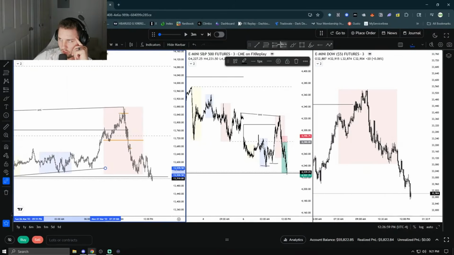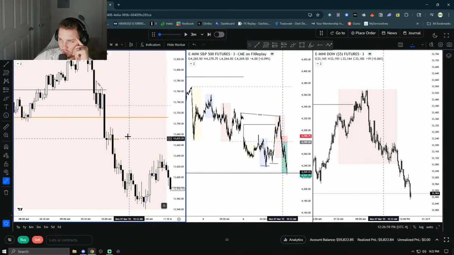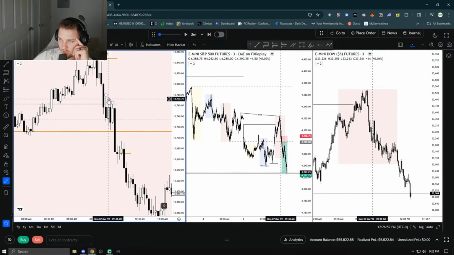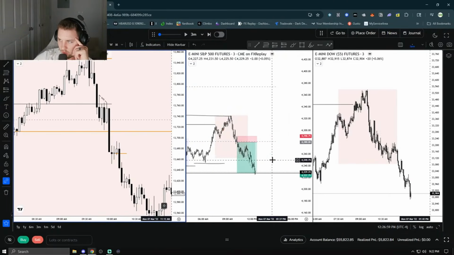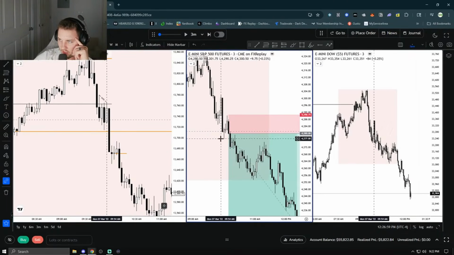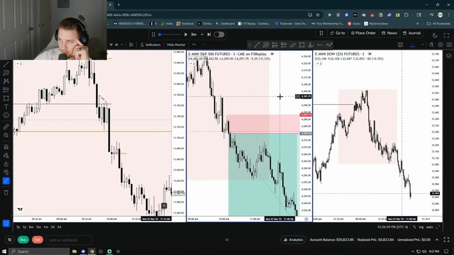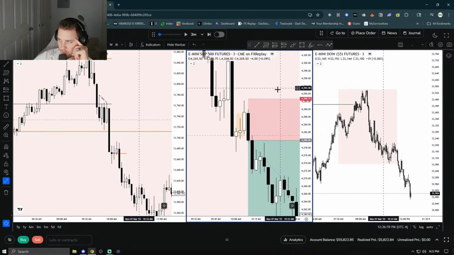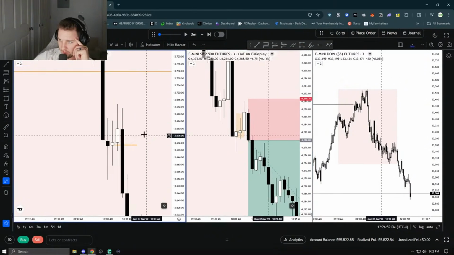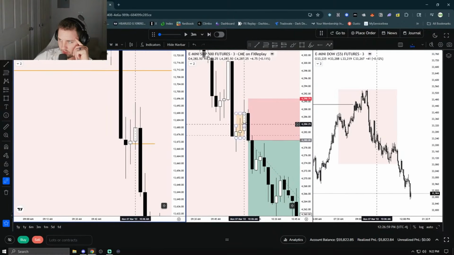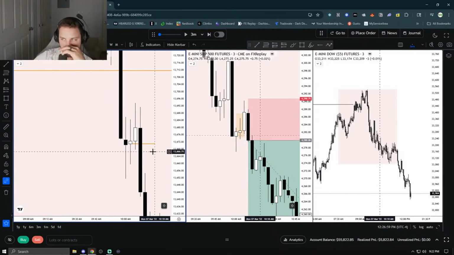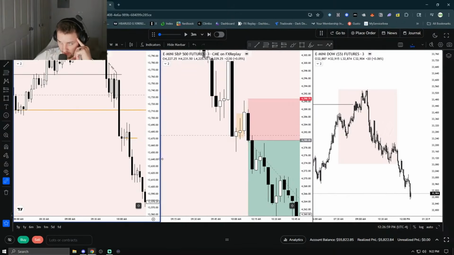But the reason why I took ES as well. Now, granted, yes, it's strength switching here. We don't really have an SMT here, but the opposing candles looked more promising to me. If I zoom into this, rather than these little ones, this was bigger. But yeah, so it is weaker.